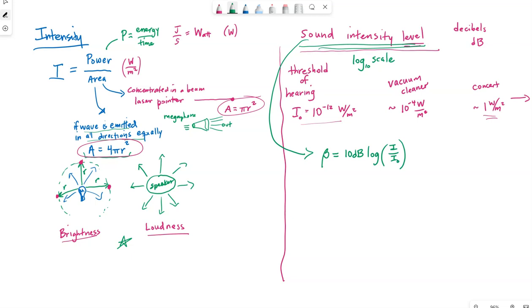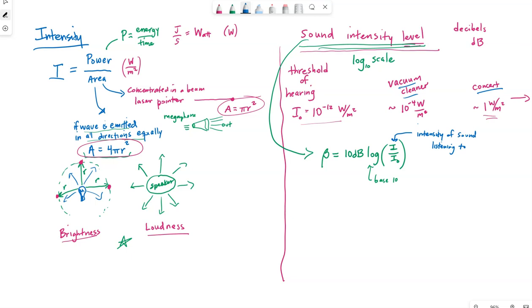So 10 decibels times log base 10, not natural log. I in the numerator is the intensity of the sound you're listening to. So it could be the vacuum cleaner, for example. It could be the speakers at a concert. It could be anything. So I in the numerator, in watts per meter squared, is the intensity of the sound you're listening to.